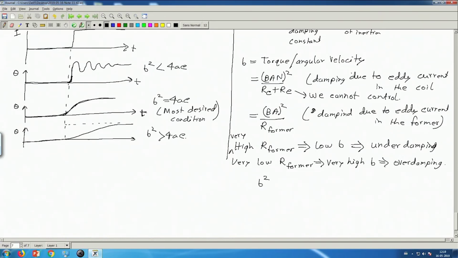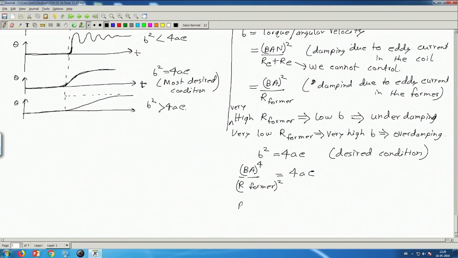So B square equal to 4AC is the desired condition, critical damping, and here in place of B square we can put the value of this, and now you can choose the value of R former.